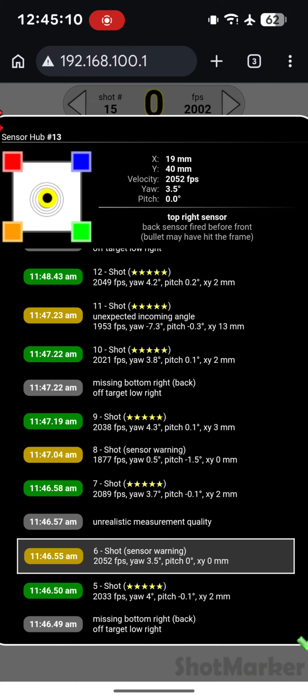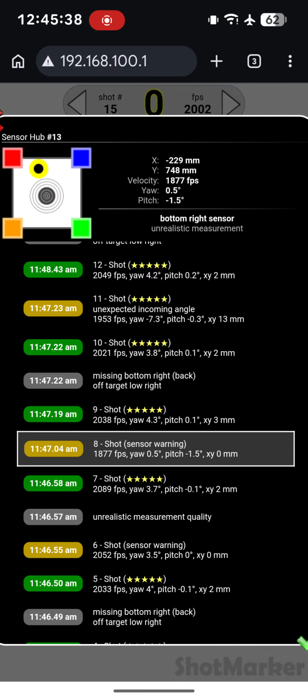Same thing for this one. It recorded the times that it heard the sonic crack, and they just didn't make sense. Maybe because it heard a sonic crack from another shot on an adjacent target. And in this case, it's from one of the right side sensors. And this is also from the right side sensor.